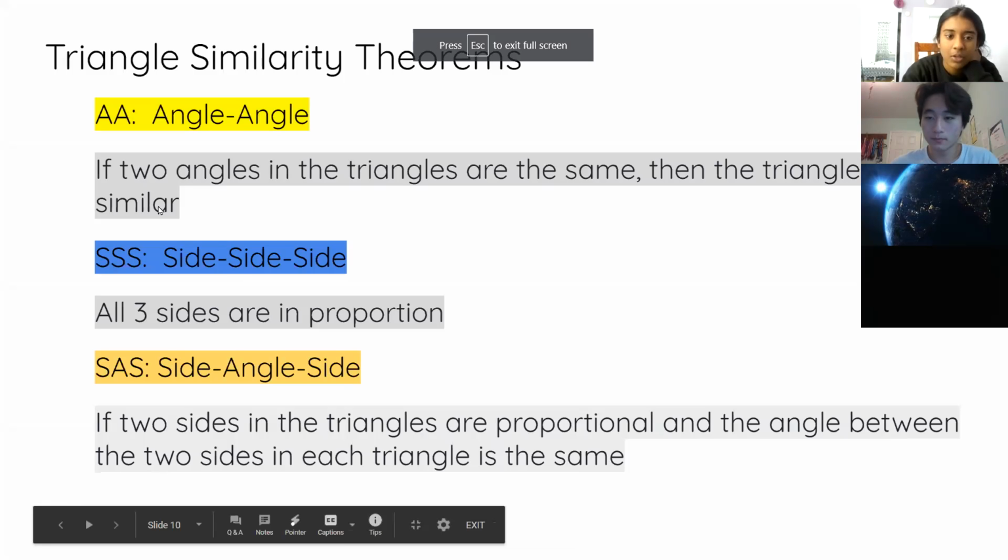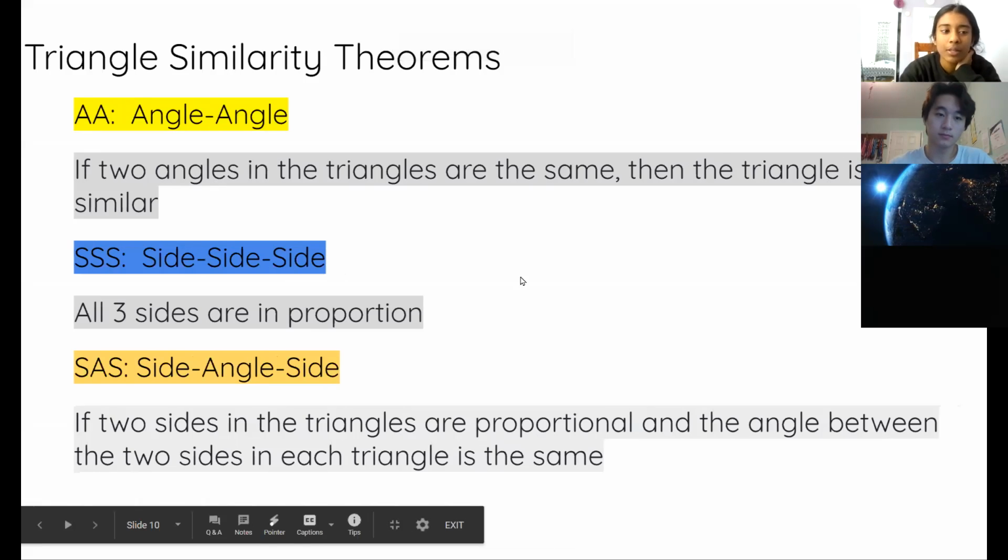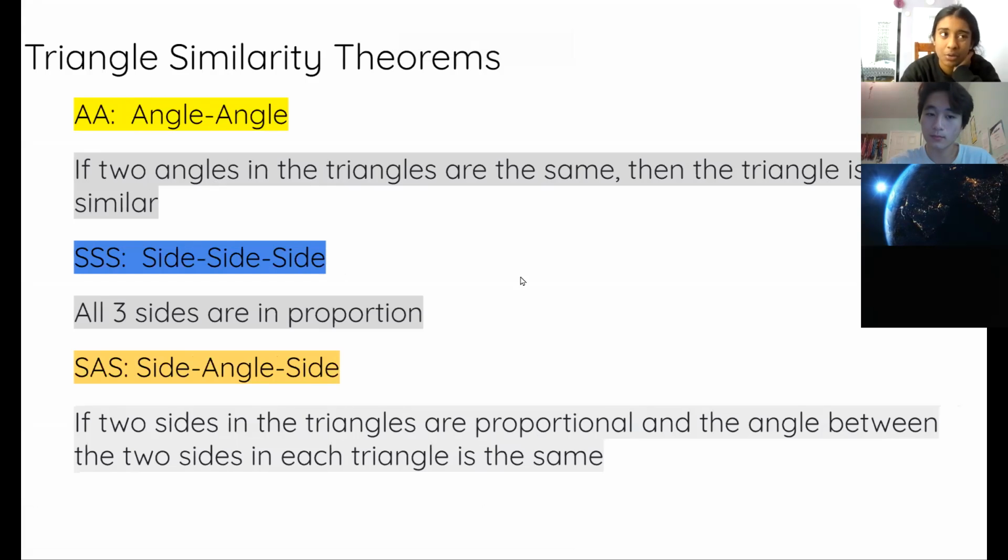Here we go. Okay, so side-side-side. I know we said that this is also like congruence, but this is if they're in proportion. Like I was saying about scale replicas, scale models, all three sides are in proportion. So if you have a triangle that has side lengths 3, 4, and 5, and you dilated it, like you expanded it, we talked about dilation last week, I think.